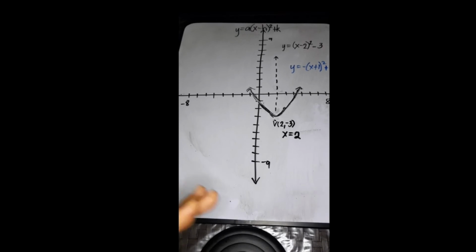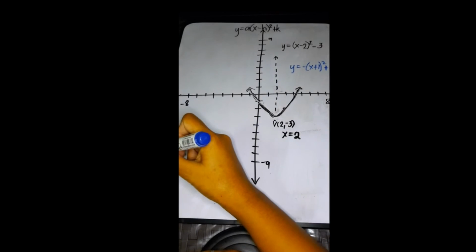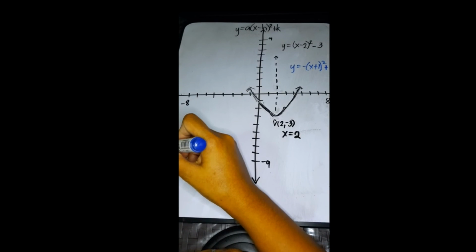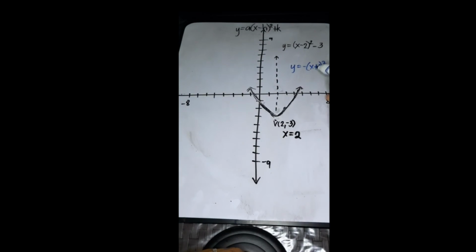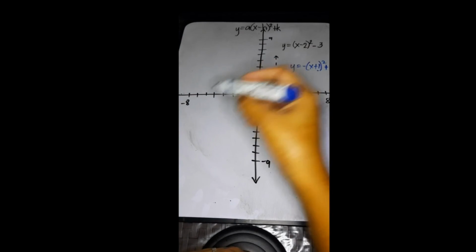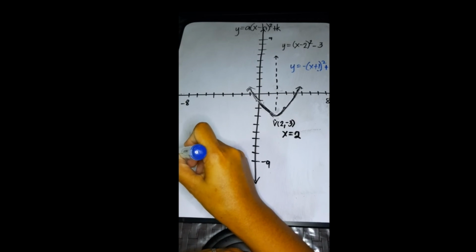So, first, let us identify our vertex. So, our vertex in the given function is at, what is our h? It means our h is negative. So, our h is negative 1.